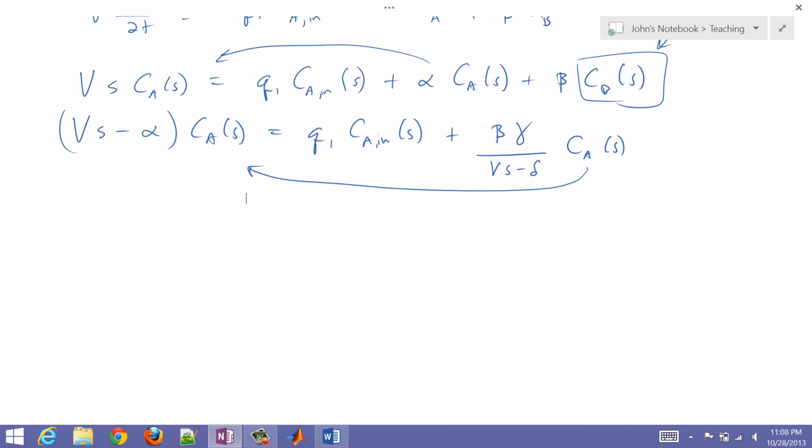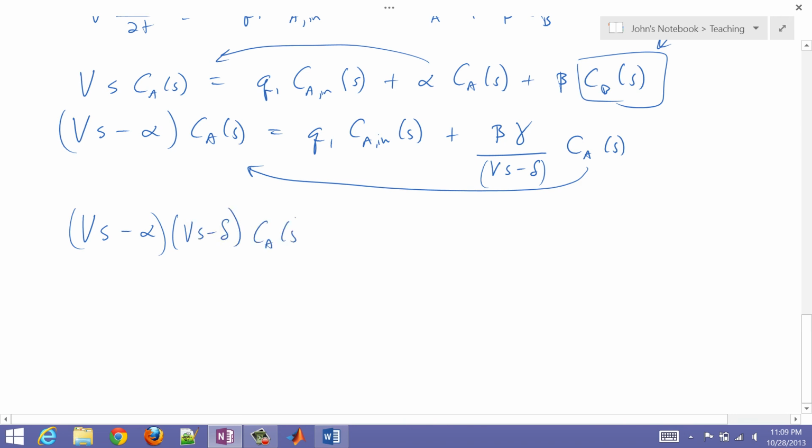Maybe it'd be easier if I just multiplied through from the start. Let me multiply both sides through by this VS minus delta. So VS minus delta times CA of S equals Q1 times VS minus delta times CA in of S plus beta gamma CA of S.